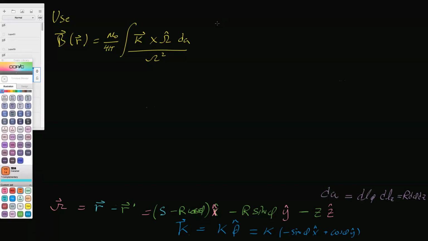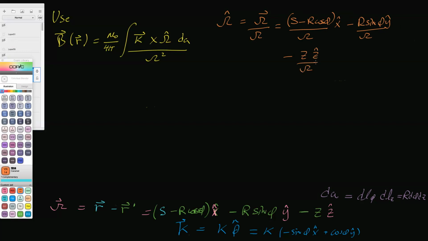Okay, so omega hat is going to be just omega, of course, over the length of omega. And that's just going to be S minus R cosine phi over omega x hat, minus R sine phi y hat over omega, and then minus z hat over omega.